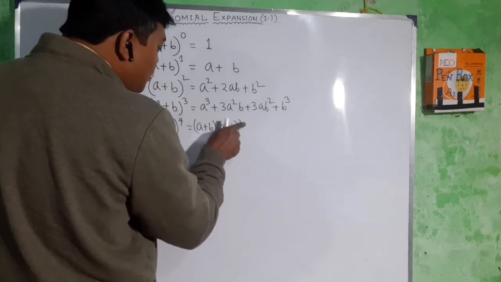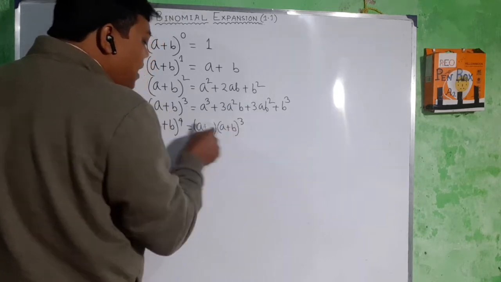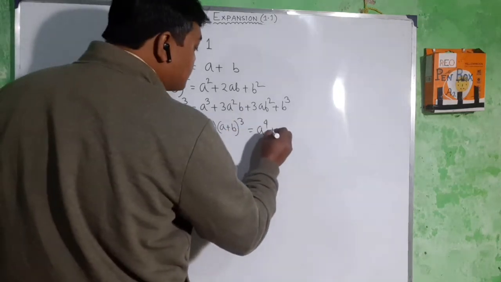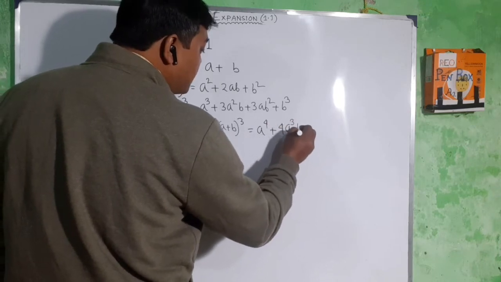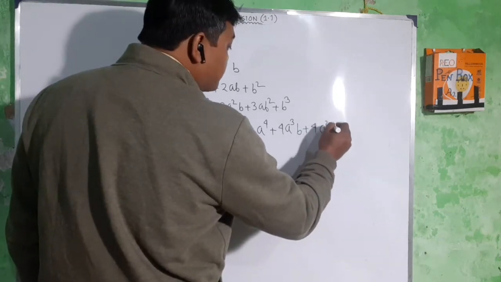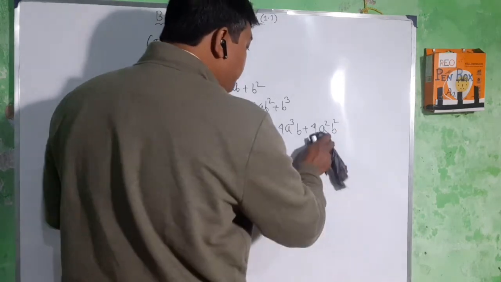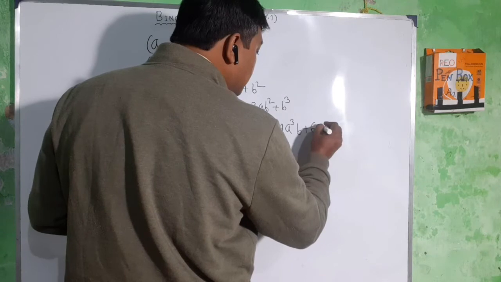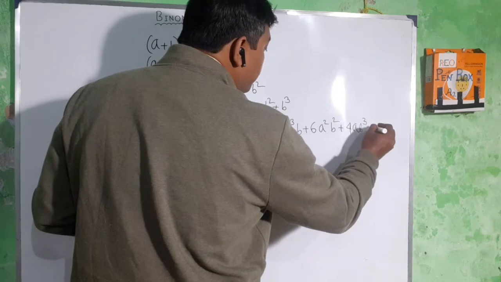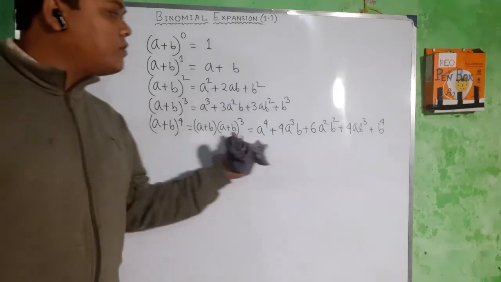Since you already know this result, after multiplication you will get a to the power 4 plus 4a cube b plus 6a square b square plus 4ab cube plus b to the power 4. After multiplication you will get this result.